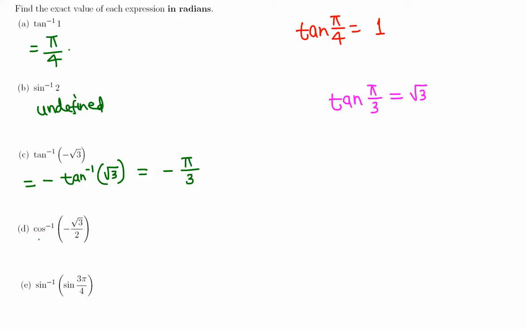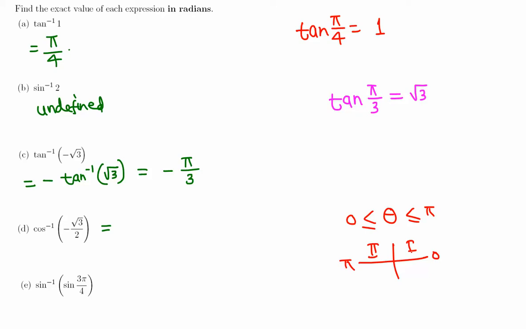Part D, cosine inverse of -√3 over 2. We can't pull the negative outside for cosine inverse. When we find the angle for cosine inverse, it should be between 0 and pi inclusive, which means either the first quadrant or the second quadrant. Cosine is positive in the first quadrant and negative in the second quadrant.